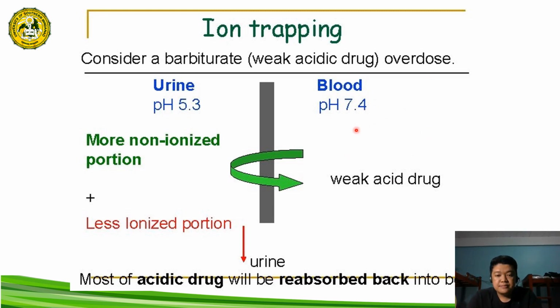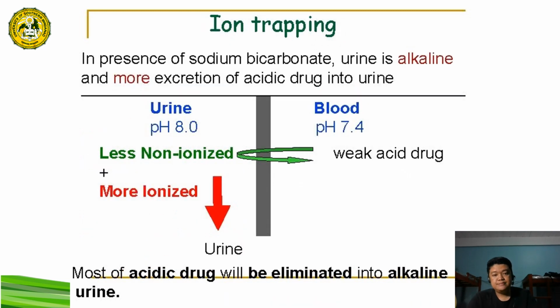The blood here has a pH of 7.4. So what will happen to a weak acid drug in the urine is that it will be reabsorbed back into the body, so that less of the barbiturate will be excreted in the urine.